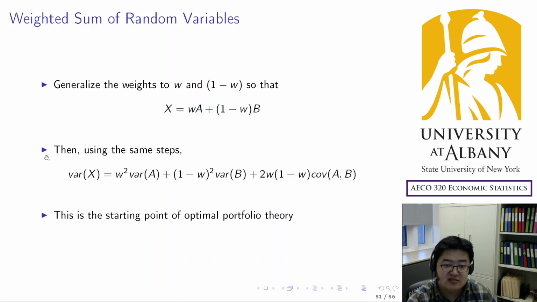So following the same steps, you can write it this way. The variance of the weighted sum is weight squared variance of A, weight squared variance of B, and 2 times weight times weight covariance. Okay, structure is identical. And this is one of the very fundamental formulas for optimal portfolio theory in financial economics.